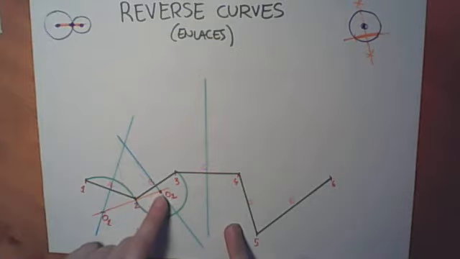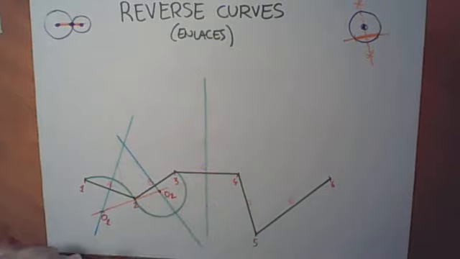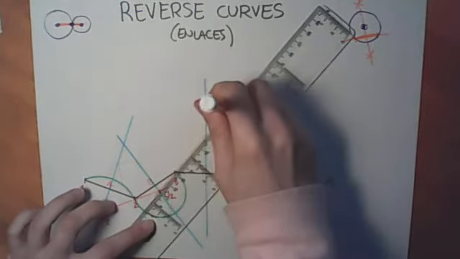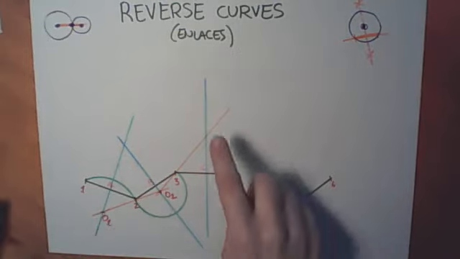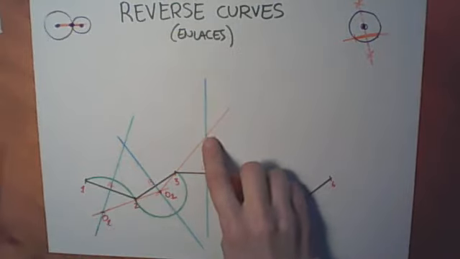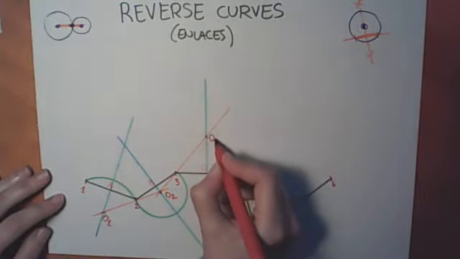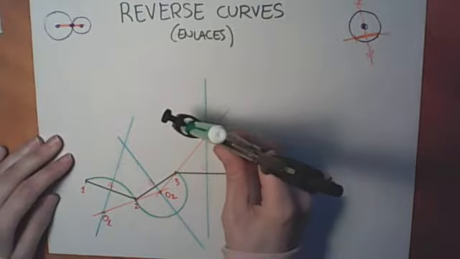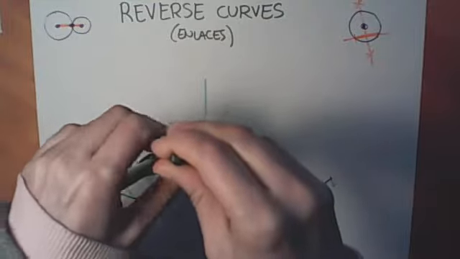The last center I have is O2, and the next point of tangency is number 3. I join O2 with point of tangency number 3, and where they cross, I have my next center, O3, and I draw my arc from point of tangency to point of tangency.